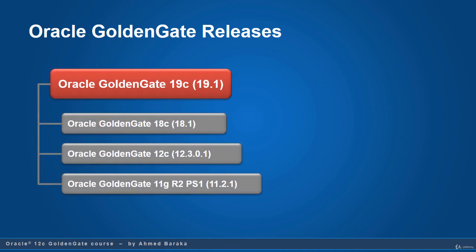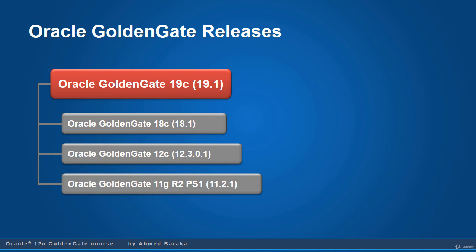The slide is listing the latest Oracle GoldenGate releases starting from 11G up to 19C, which is the latest release of Oracle GoldenGate at the time of this recording. The latest release number for Oracle GoldenGate 11G is 11.2.1. The latest release number for Oracle GoldenGate 12C is 12.3.0.1.